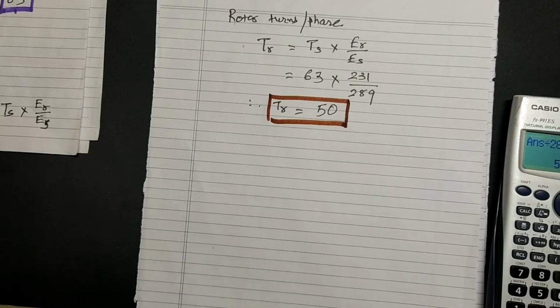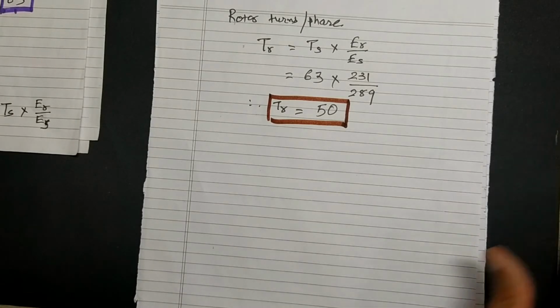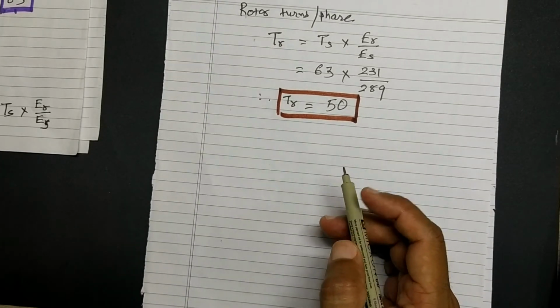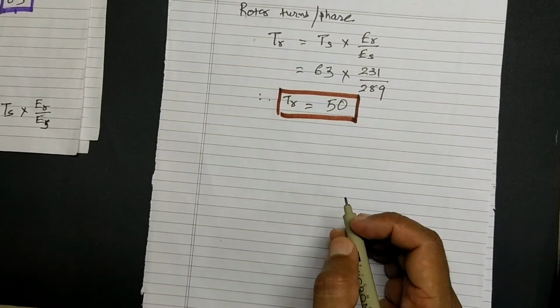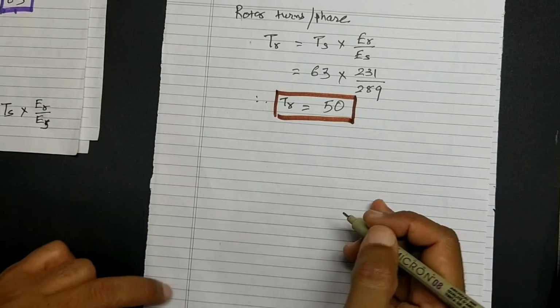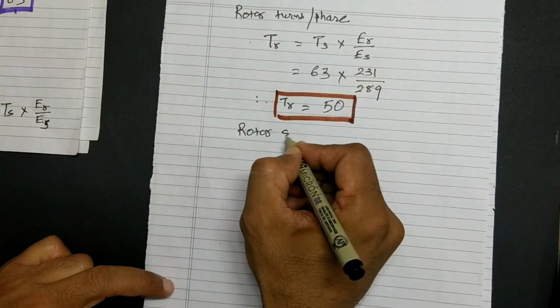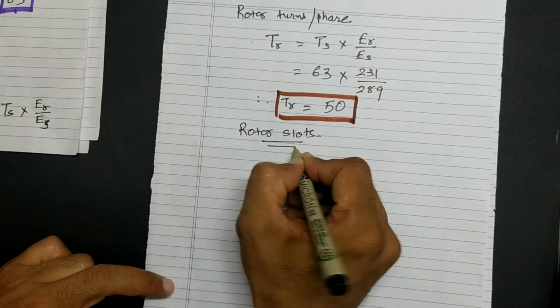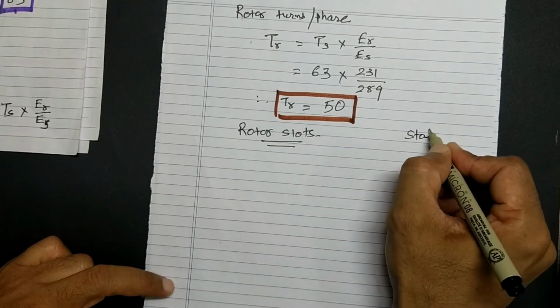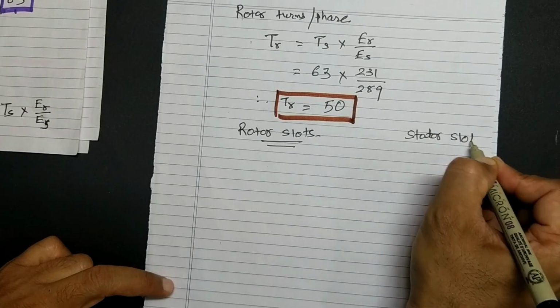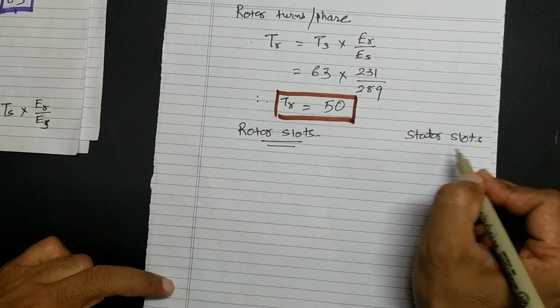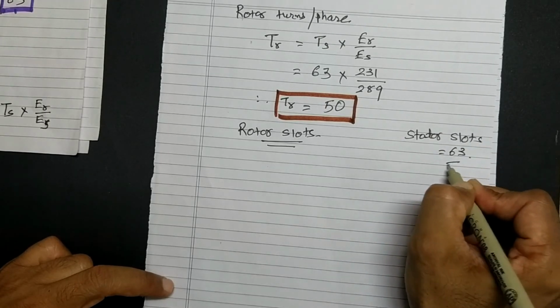Now, before we find the rotor conductors per slot, we have to calculate the rotor slots. The stator slots are given: 63.